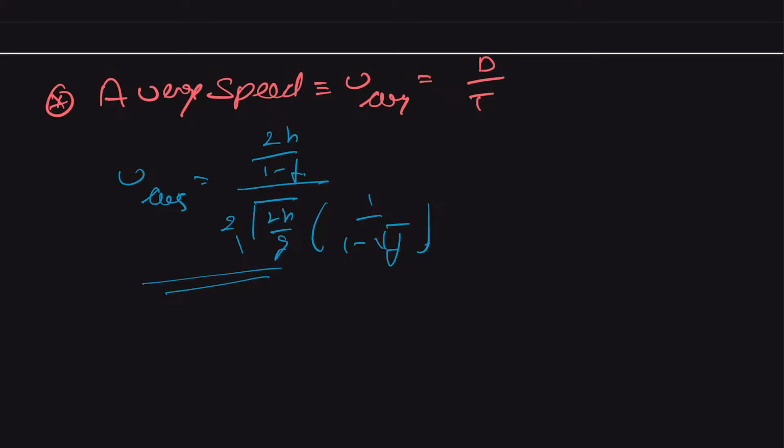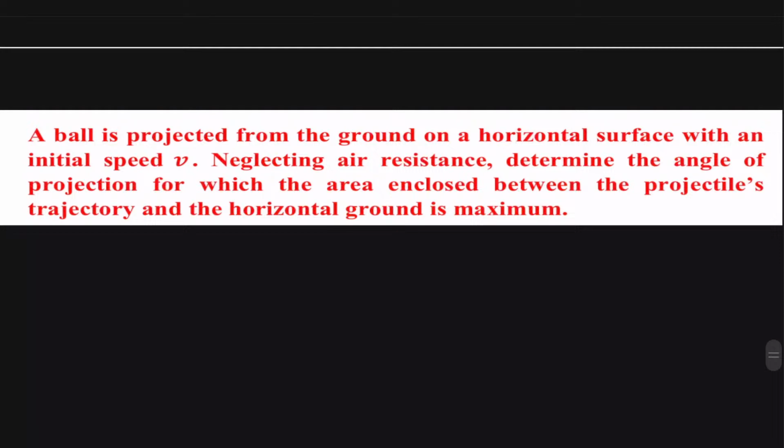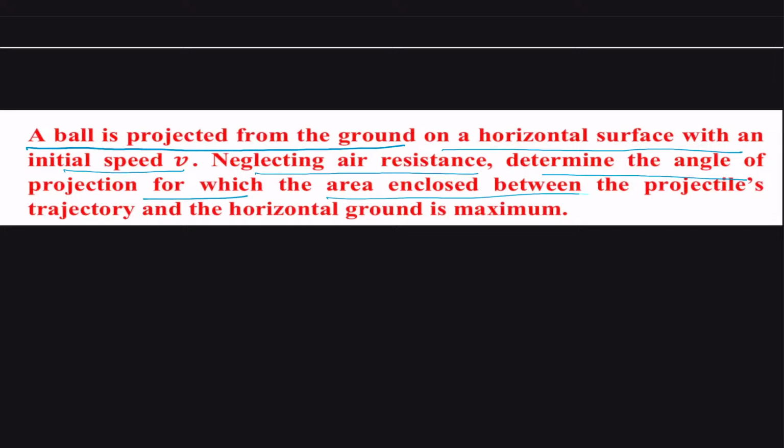So this was our second question. We come to the third question, and the third question states: a ball is projected from the ground on a horizontal surface with an initial speed v. Neglecting air resistance, determine the angle of projection for which the area enclosed between the projectile trajectory and the horizontal ground is maximum.